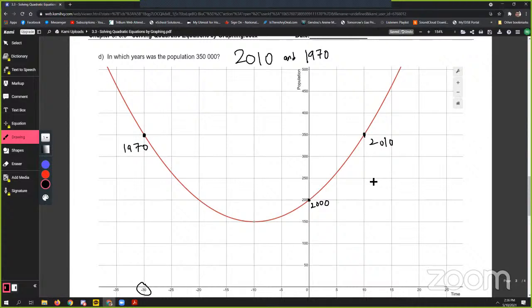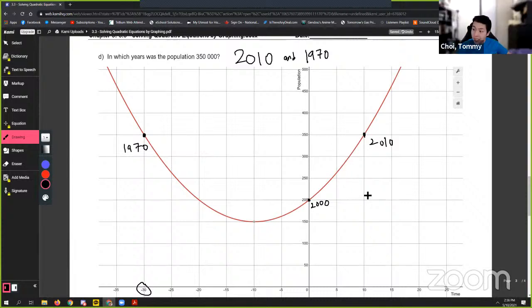Now, what if you were supposed to solve this algebraically? I know there's very minimal space, but let's try to solve this and see if we get the same answers.